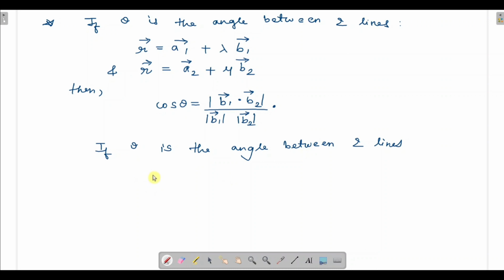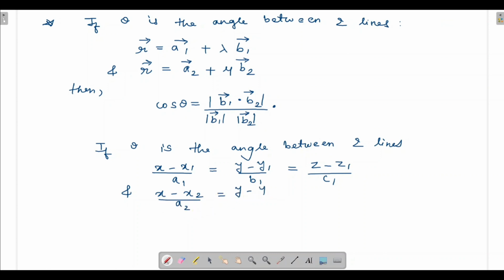So if theta is the angle between two lines given by x minus x1 divided by a1 equal to y minus y1 divided by b1 equal to z minus z1 divided by c1, and x minus x2 divided by a2 equal to y minus y2 divided by b2 equal to z minus z2 divided by c2.